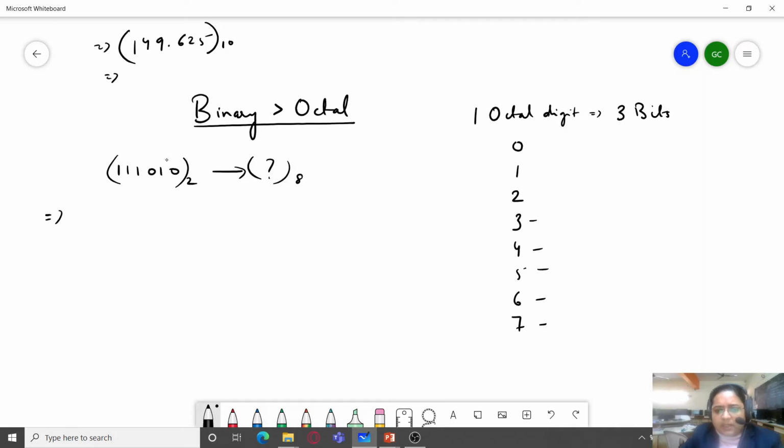We know that the octal number system consists of 8 digits, 0 through 7, and the maximum number of digits needed to represent every octal digit is only 3 digits, as you can see over here. Every octal digit will correspond to 3 binary digits.